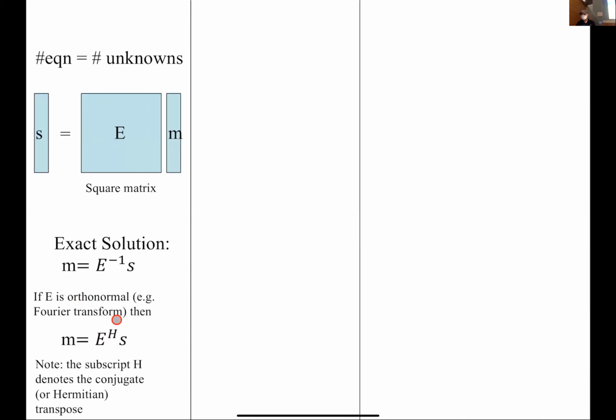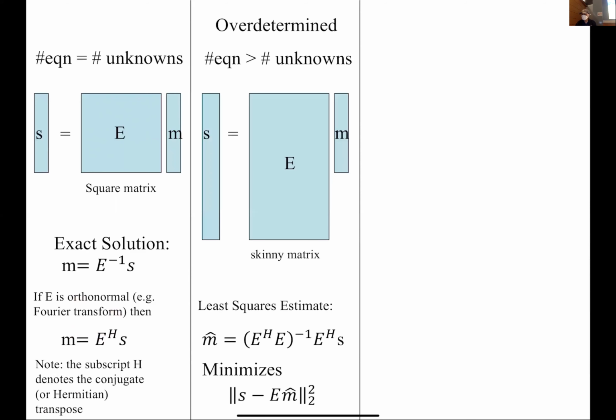So this is what we've done so far, and if you're working with the Fourier transform, this is the only problem you can solve easily. But as most of you know, we also have the other type you probably experienced in linear algebra, which is overdetermined, where you have more equations than unknowns.